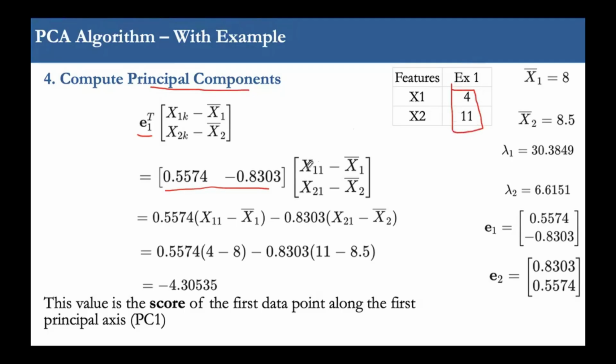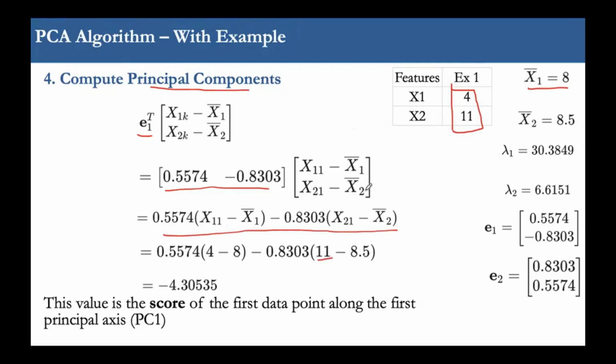The first data point is x11 minus x1 bar and x21 minus x2 bar. We need to multiply these two matrices. When we multiply them, we get the equation this way, and then we substitute the values. We get 4 minus 8, where 8 is x1 bar.